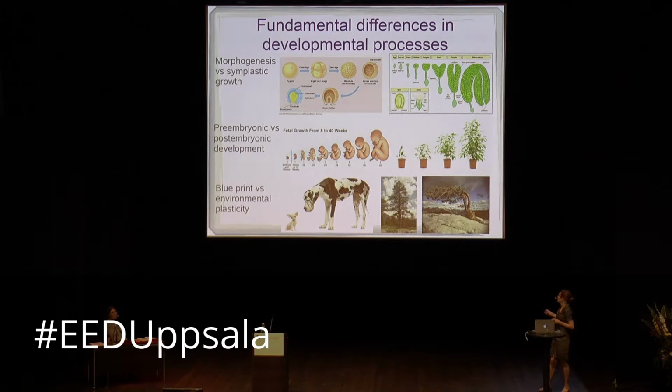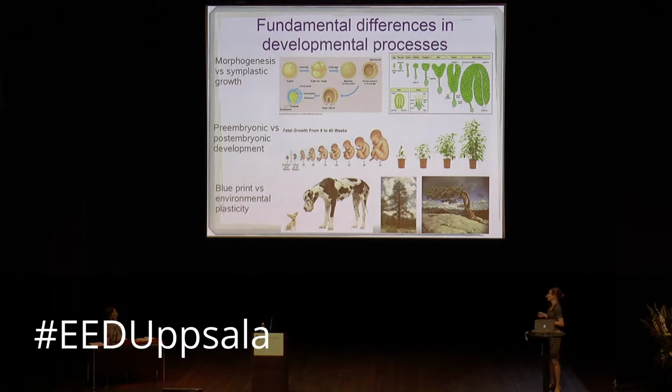Other differences are, for example, that in animals, most development is basically pre-embryonic, and after that, okay, there are some rate differences, because otherwise we would all have this kind of head. But other than that, we don't get more legs or more arms, etc. And in contrast, embryonic plants are not very interesting, and most body plan formation occurs later on in life.